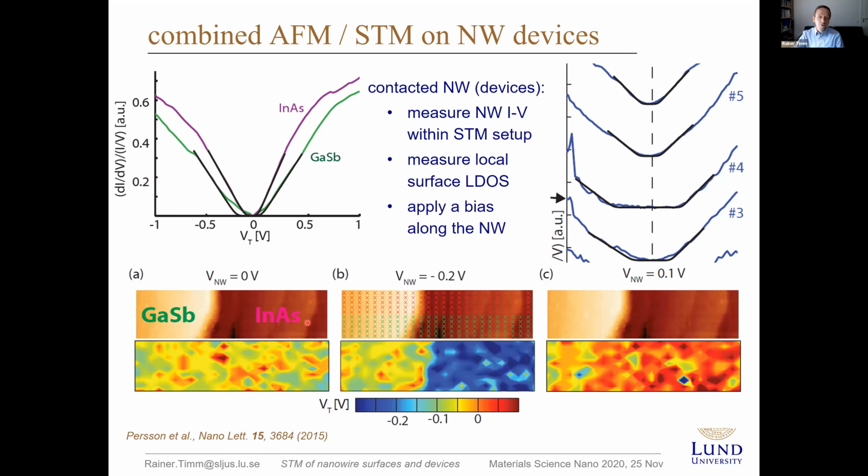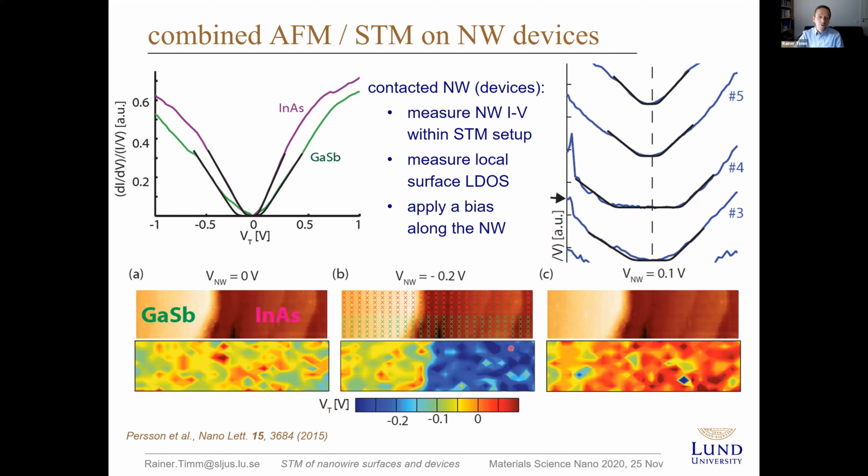And then we can apply a bias, and what we plot here is the topography information. So we have the interface between the gallium antimonide, which is slightly larger in diameter, and the indium arsenide, and then we plot the position of the Fermi level at the different areas. If we don't apply any bias, it's the same potential everywhere.